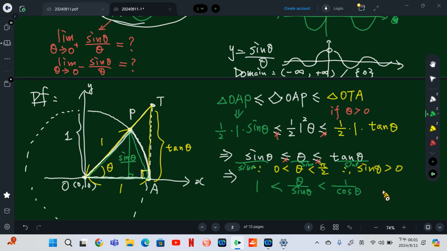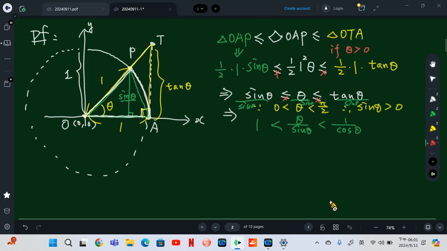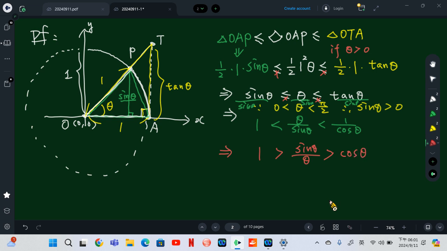Then we can turn it upside down. Upside down means 1 is larger than sine theta over theta, larger than cosine theta. Right? So as theta is approaching 0 plus, cosine theta is approaching 1. And 1 is still approaching 1.